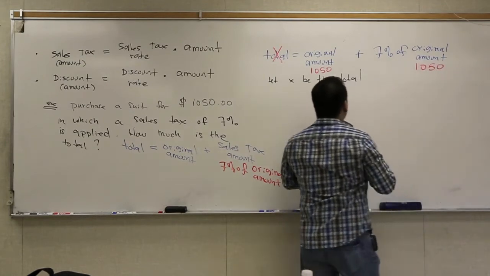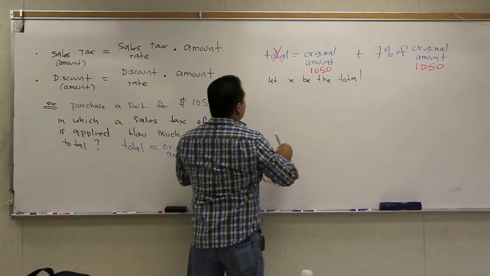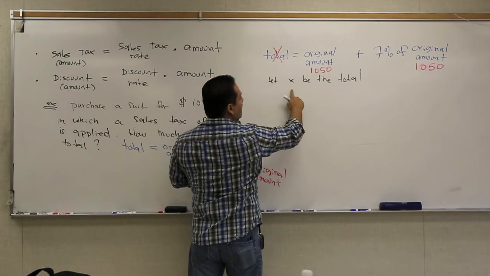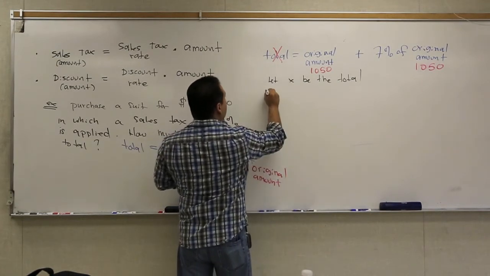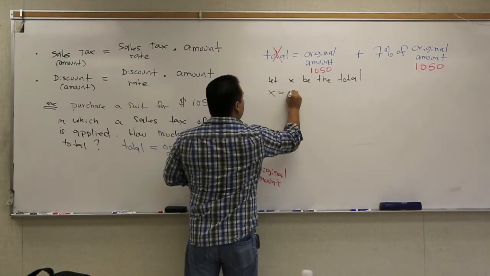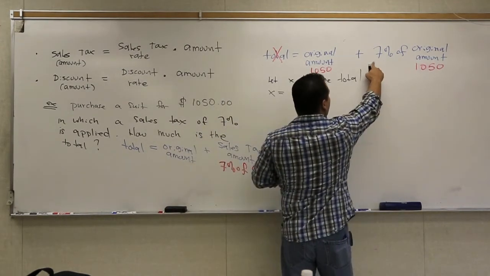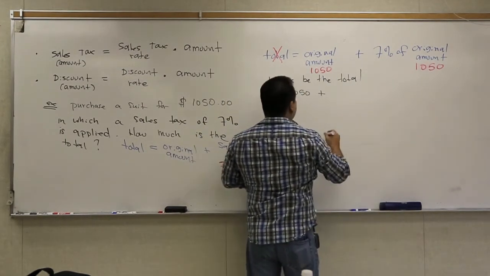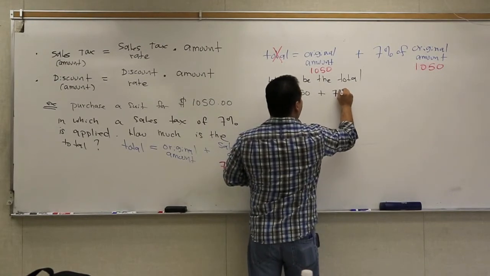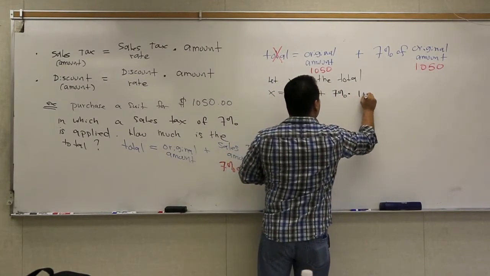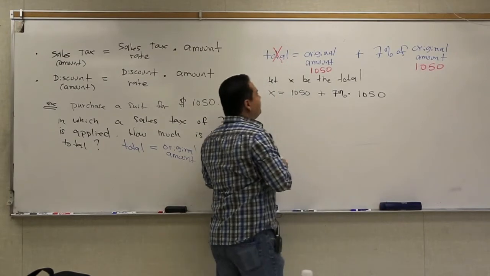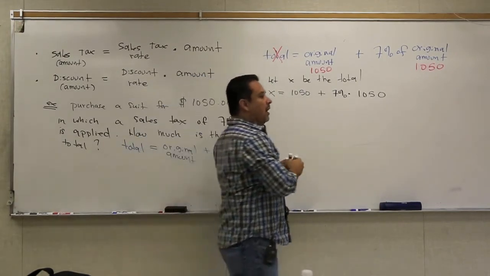1,050. So if x is the total, this means that x equals 1050 plus 7% of what? 1050. 7% times 1050, because of means times.